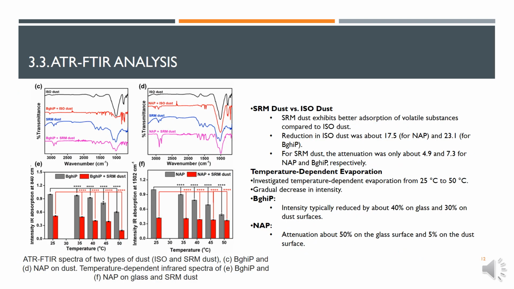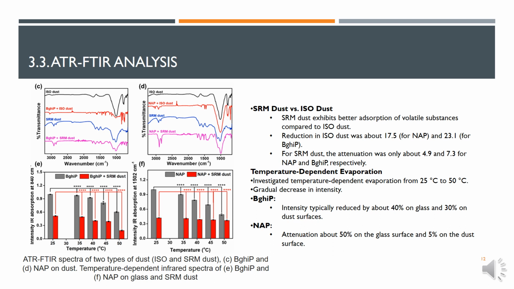surface. Independent evaporation was also investigated in this study from 25 degrees Celsius to 50 degrees Celsius. The intensity tended to decrease gradually, as shown in the figure. With the substance on glass, the intensity decreased significantly.